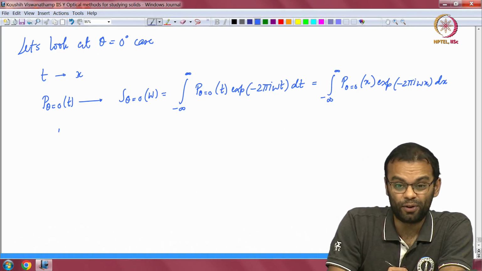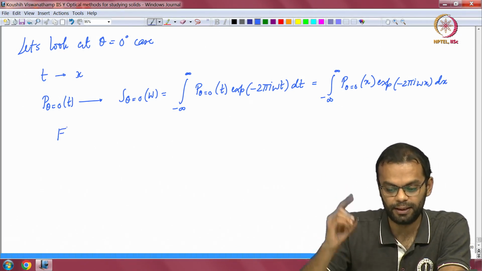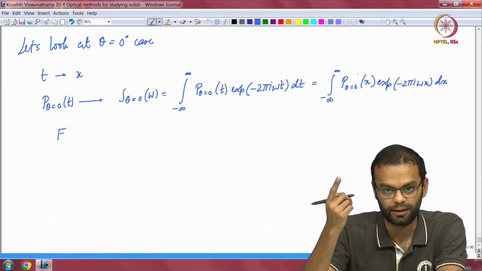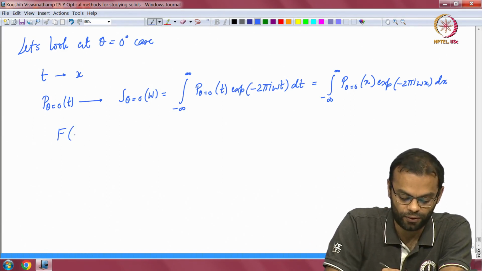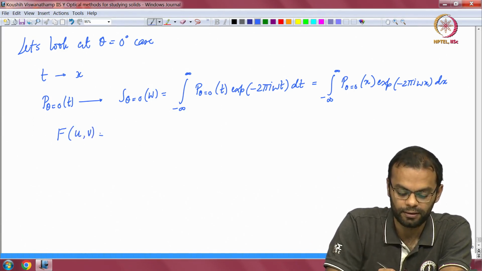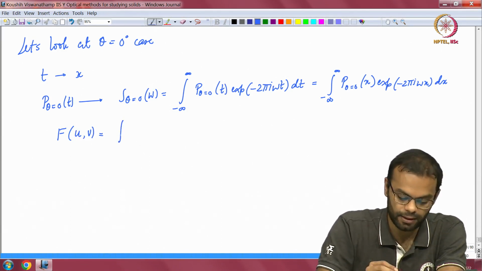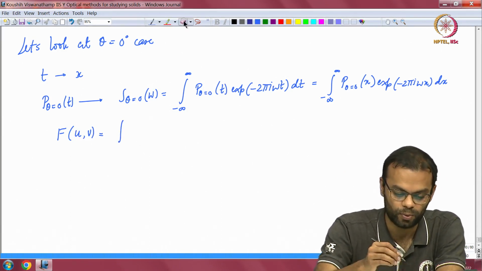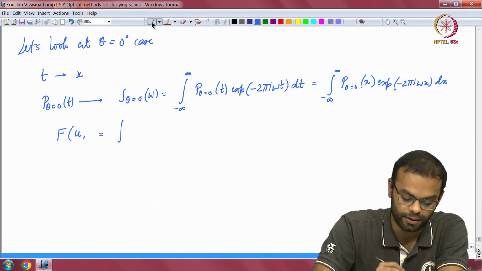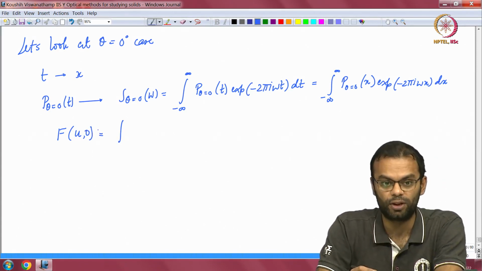Now what does the 2D Fourier transform look like of the original function, right. P theta is a projection, we are now looking at f. So f of u v for theta equal to 0 is, let us take a look at f of u comma 0. Okay. What does this look like?